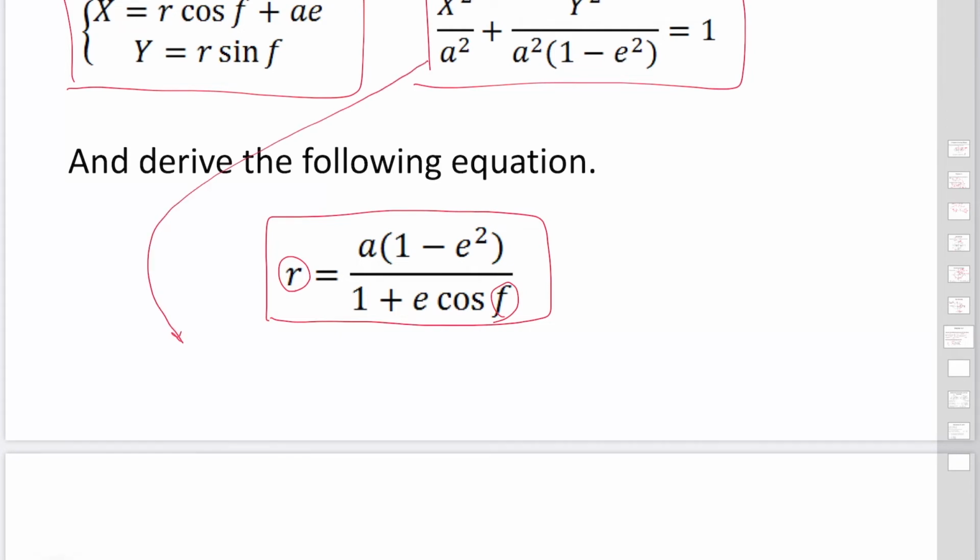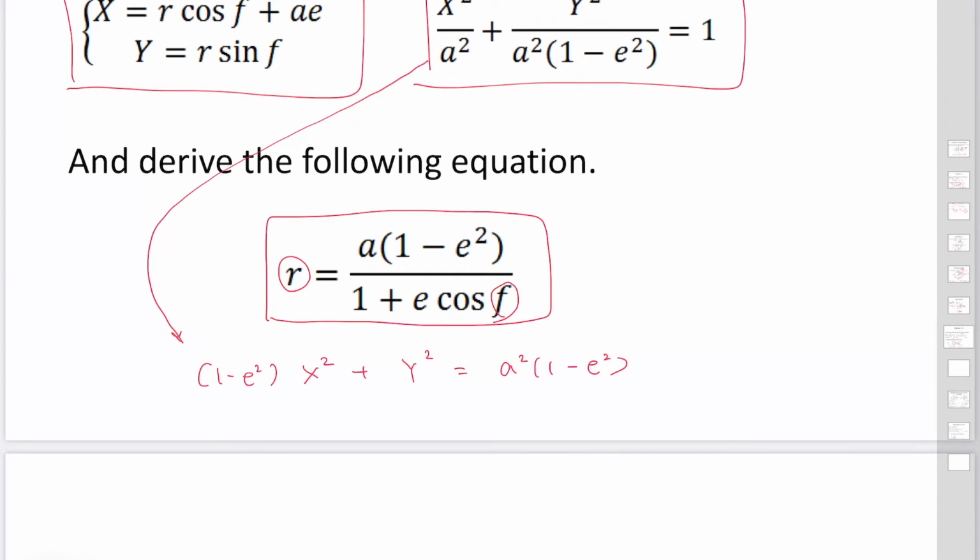If you multiply by 1 over a squared in both sides, this becomes 1 over 1 minus e squared times x squared plus y squared equals a squared times 1 minus e squared.